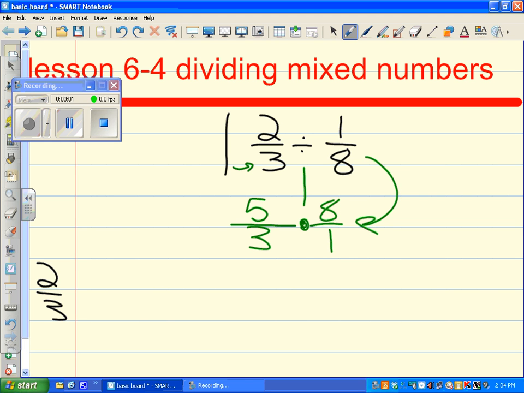Now, is there anything I can cross out? Nope, but that's fine. 5 times 8 gives me 40. 3 times 1 gives me 3.